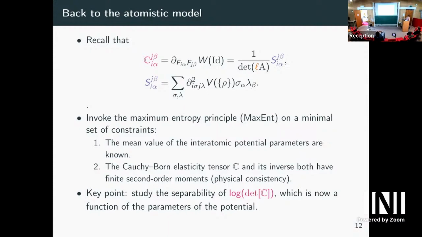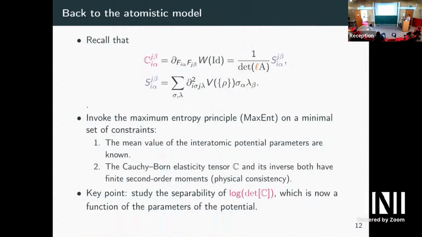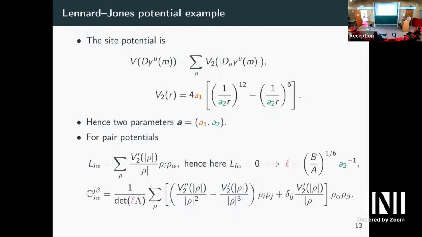So we basically want to invoke this maximum entropy principle on the same set of constraints, except now this is a derived quantity, derived from the potential parameters. But still, the essential idea is that if you want to say more than this general result, you should study the separability of this function, now viewed as a function of the potential parameters.